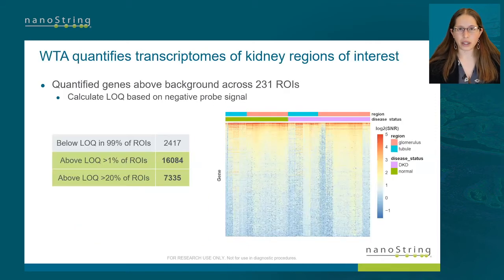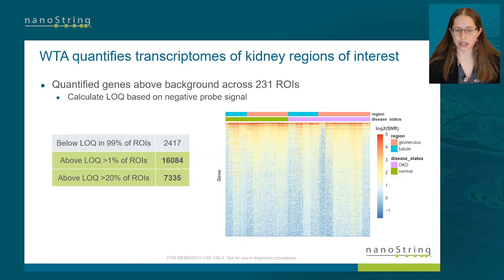So overall, we profiled transcriptomes from 231 ROIs, and WTA also contains negative probes, which give you a measure of the background signal. So you can calculate the signal over background for each gene, and that's what I'm showing here on the right. I'm showing the SNR for every gene in rows and every ROI in columns, ordered by the highest expressed genes on the top.